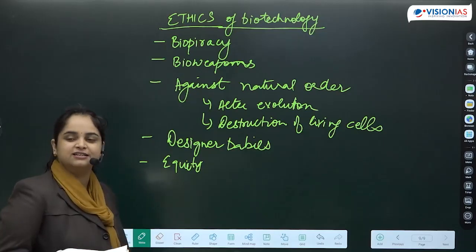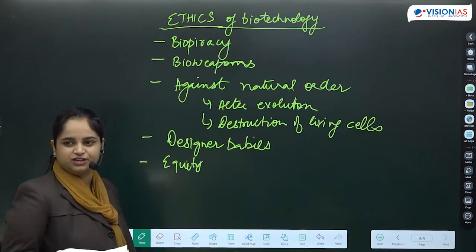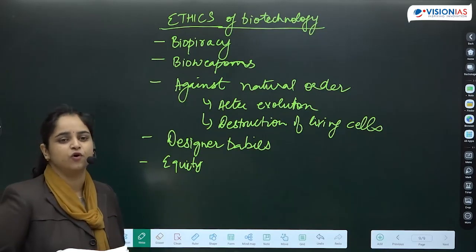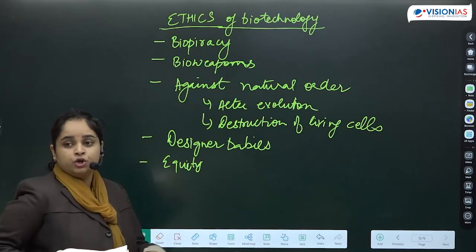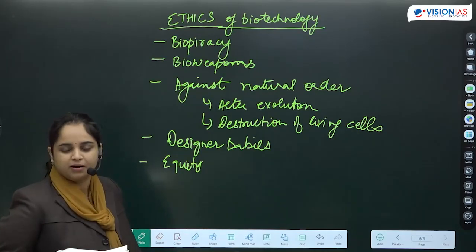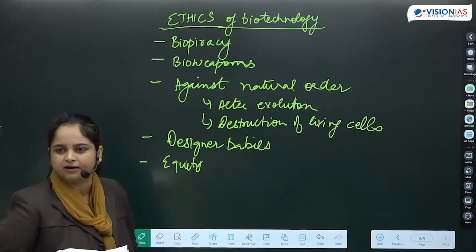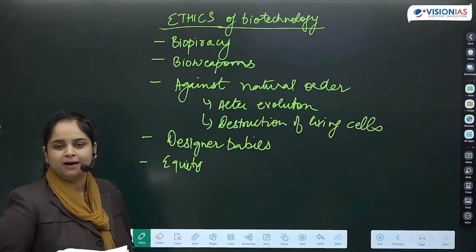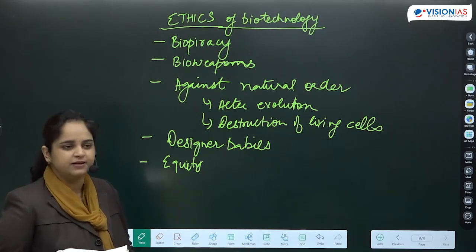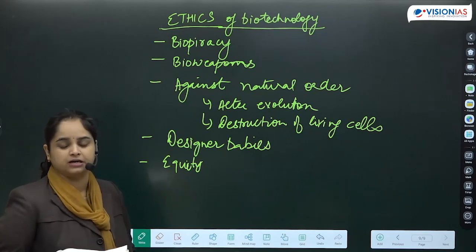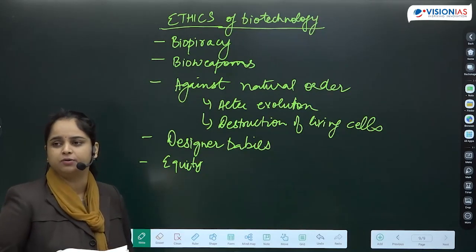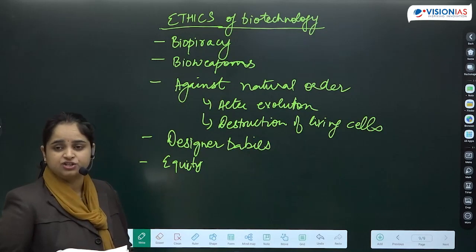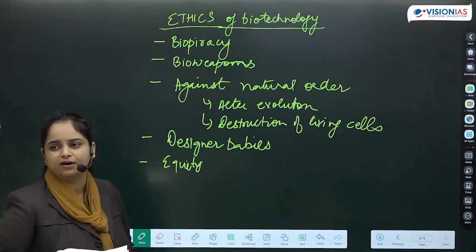When we consider the idea of a technology, we believe that technology is for the improvement of human civilization, for the human race as a whole. But most technologies don't do that. What happens is, this is an expensive technology, so maybe there is a country which has all the resources, is technologically advanced, very rich, and it starts making a lot of use of biotechnology.